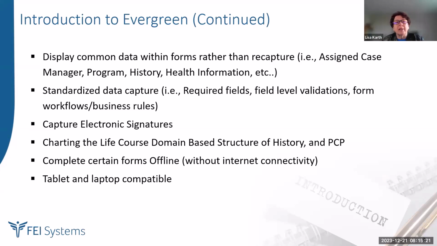It's going to automatically fill that in. You're going to have electronic signatures. I think those are so cool, and I'm excited to show you those. You're going to be charting the life course domain structure of the history in the PCP. That's captured in the system and flows into your PCP.